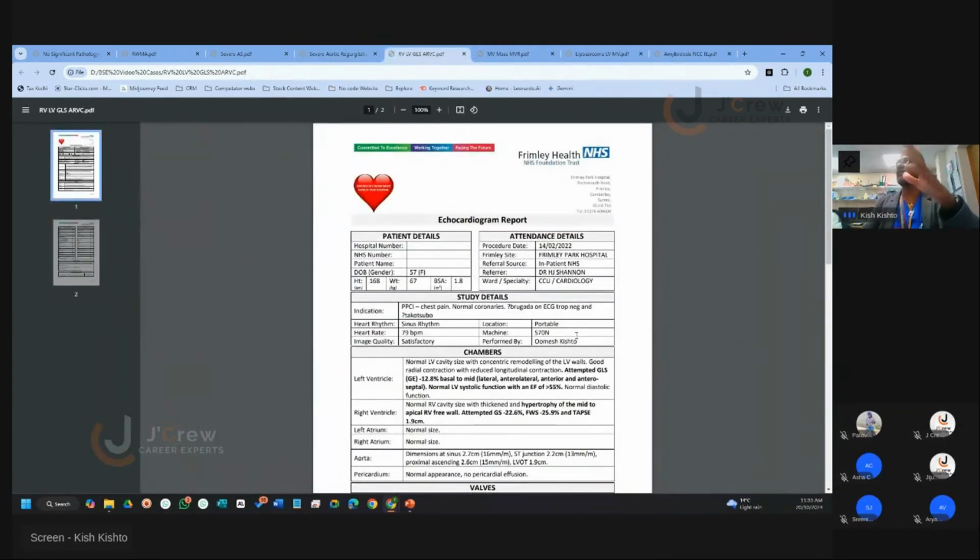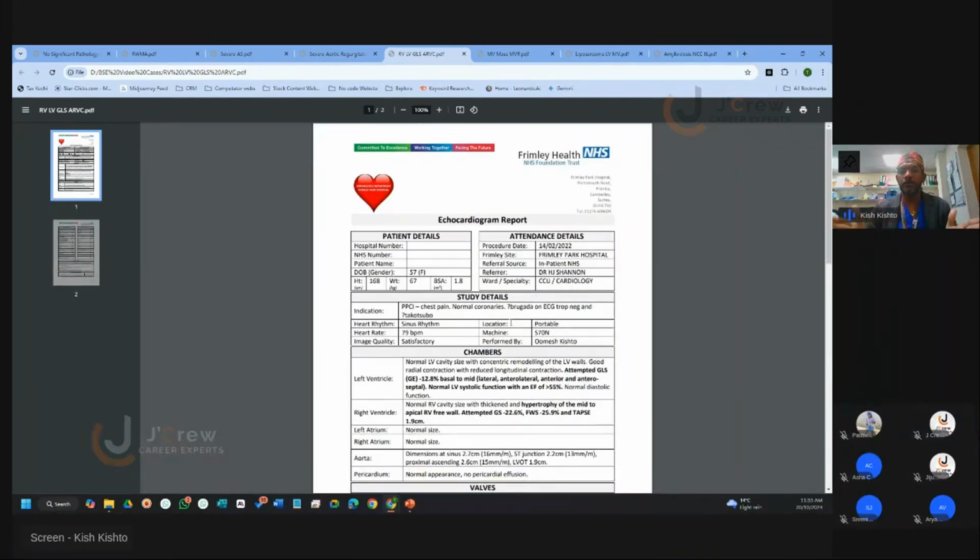But like I said, the way I've described it is you describe it hugging the back of the wall, and it's broad, and then you mention your flow reversal in your pulmonary vein, and you mention your PISA, regurgitant volume. So that's how you look.